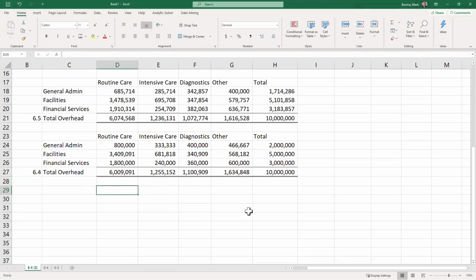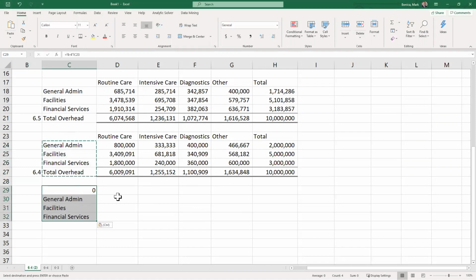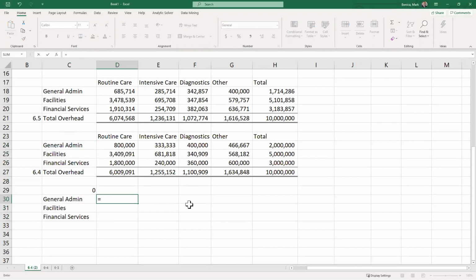A quick way to do this would be to do a percent change. So let's do that real quick. How much more is general administration for routine care? So let's do that, 685. We're going to do new minus old divided by old. And so we had a 14% decrease.